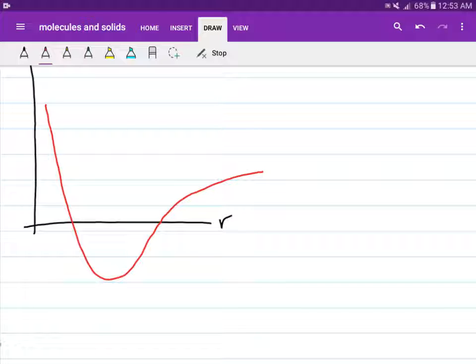Okay, so let's try to look at what this potential energy curve for the NaCl molecule means.